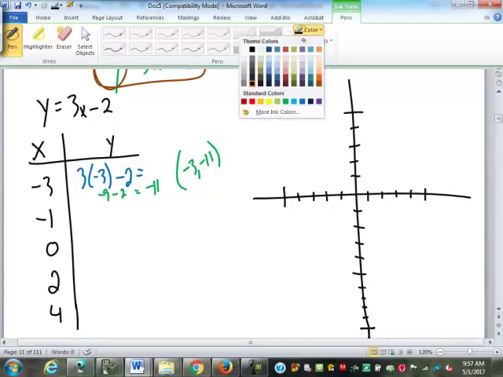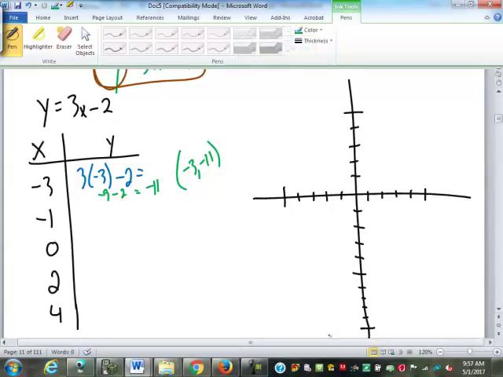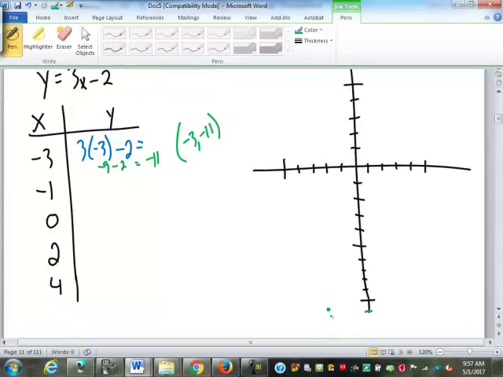Negative 3, negative 11 would be like right down here. Somewhere down here. If x is negative 1, y is 3 times negative 1 minus 2, which is 3 times negative 1 is negative 3, minus 2 is negative 5. So that gives me the ordered pair negative 1, negative 5.